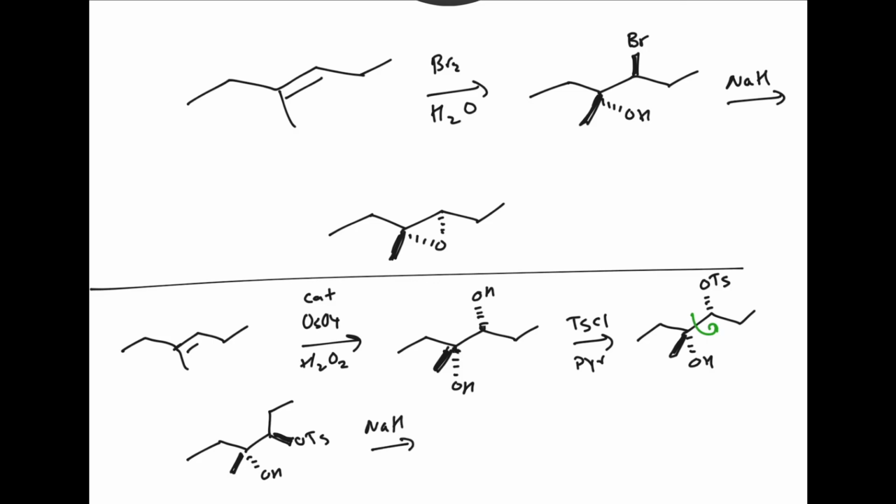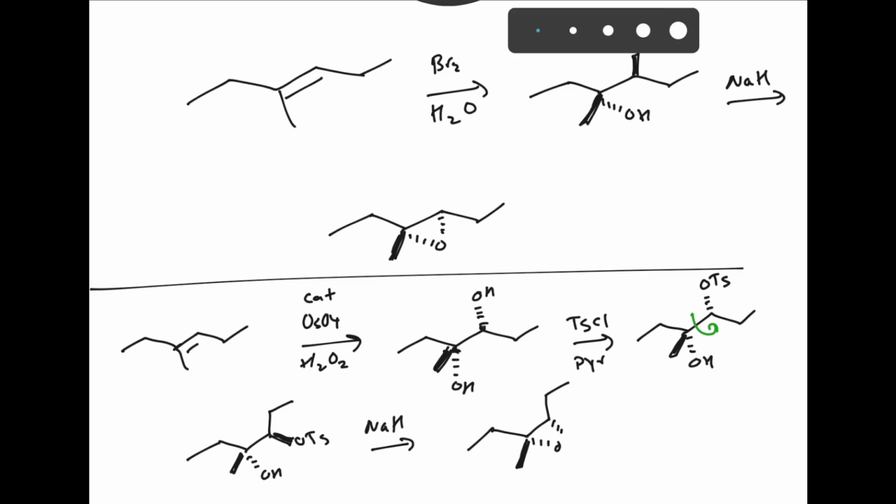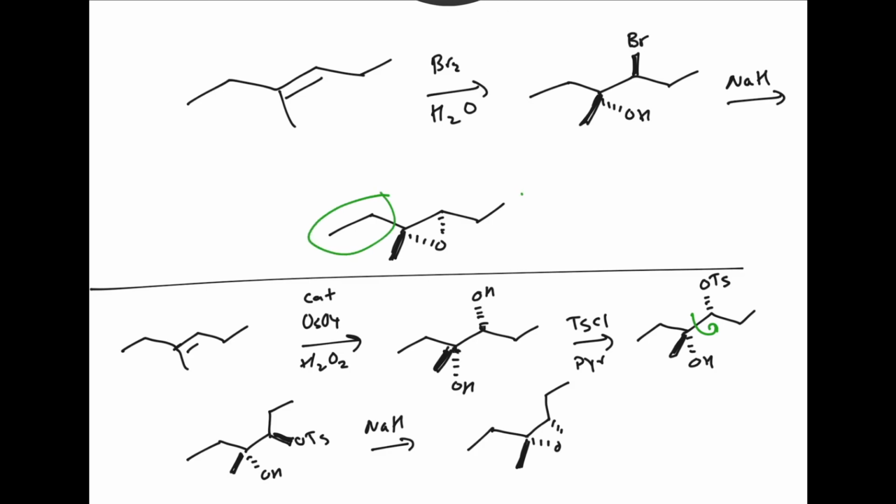now when I react with tosyl and the base, you can see up here, this ethyl group and this ethyl group are trans. They're on opposite sides of that bond, while down here, the two ethyl groups here and here are cis.